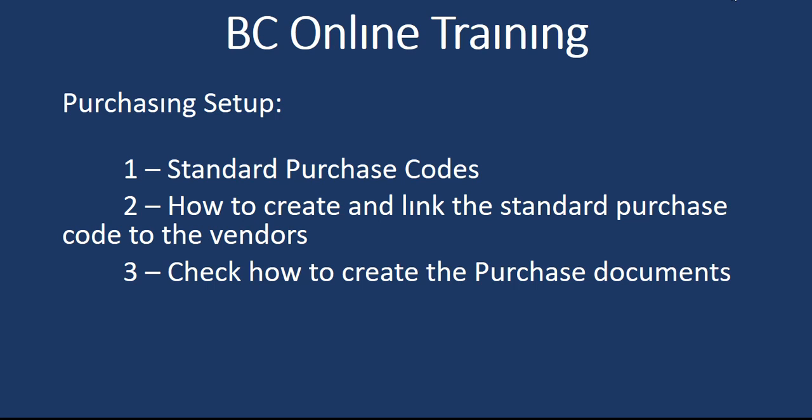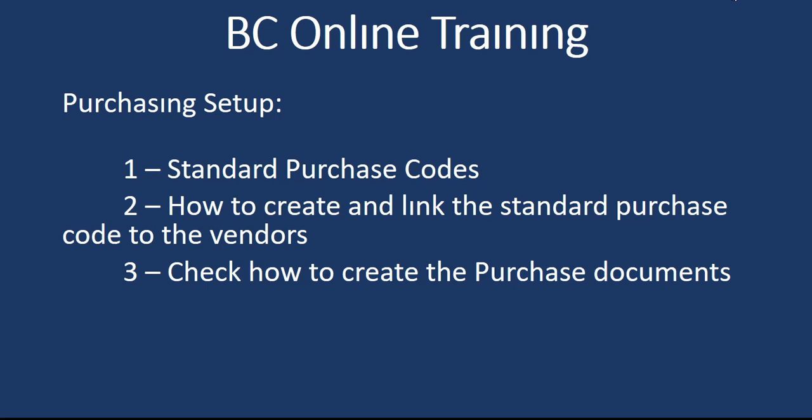So basically, what you need to understand about the standard purchase code is a way that you can say, if I have a vendor that the only service that I contract is like rent, let's see, my vendor for rent.